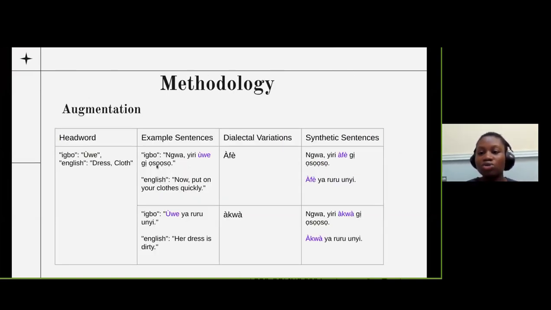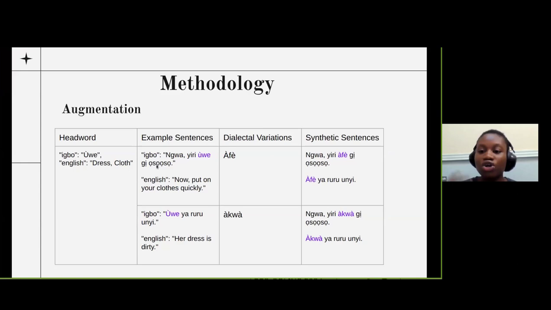So the methodology we used, the first thing we did was to do augmentation. So in augmentation, why we did this was to actually add the dialectal variances in the sentences. So our data set contains just the words, the example sentences, and these example sentences are from the head word. And then it also had dialectal variations, but the example sentences were not added to the dialectal variations.